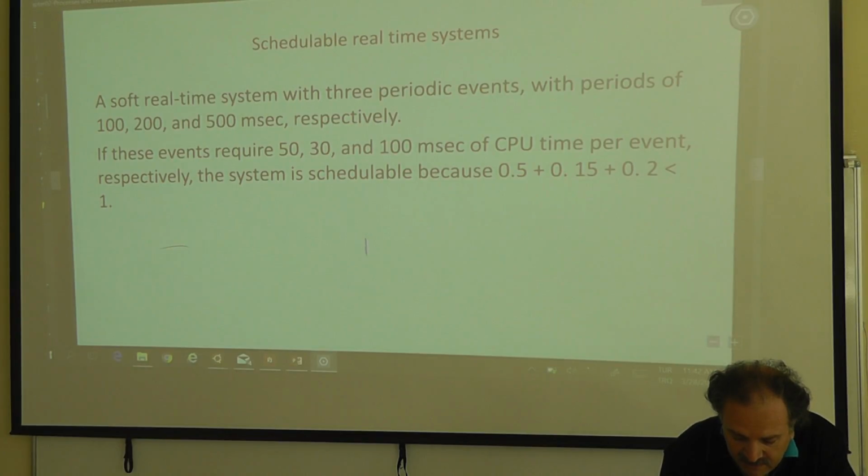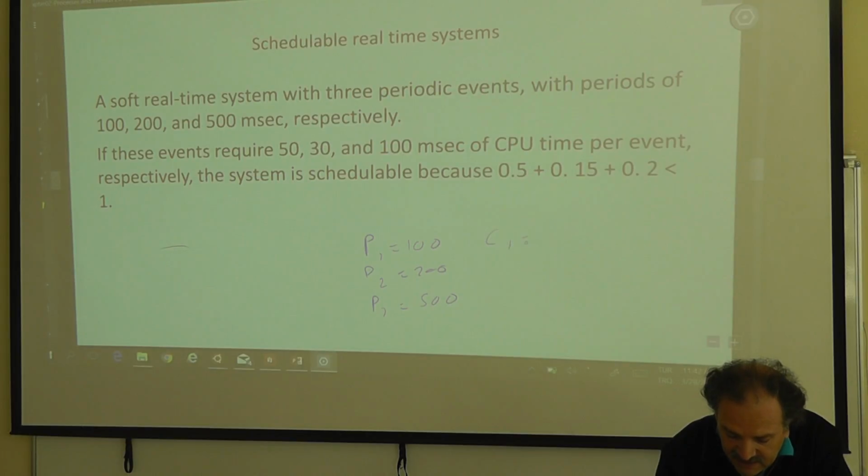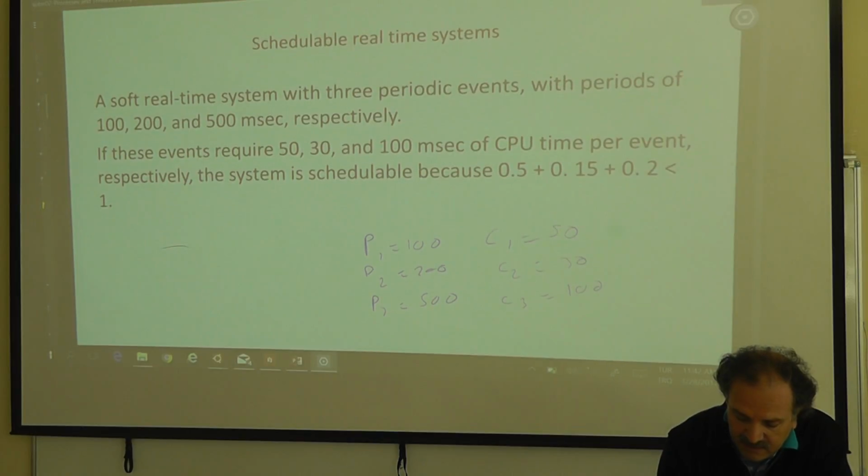So P1 is 100, P2 is 200, and P3 is 500. And then these events will require 50 milliseconds, 30 milliseconds, and 100 milliseconds. C1 is 50, C2 is 30, and C3 is 100.